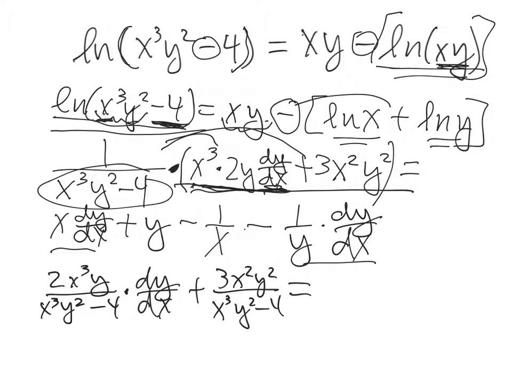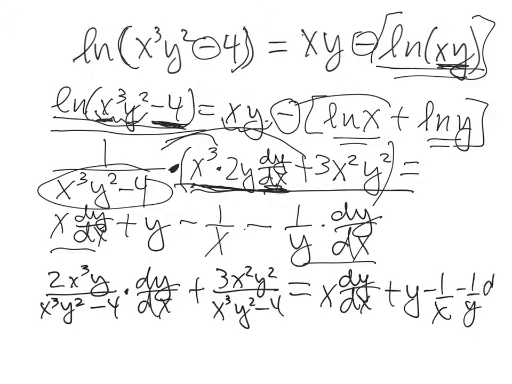And then the other side, we've got x dy by dx plus y minus 1 over x minus 1 over y dy by dx. Looking at where we're heading, we need to solve for dy by dx, so all 3 of those terms need to be on one side and the other terms on the other side.